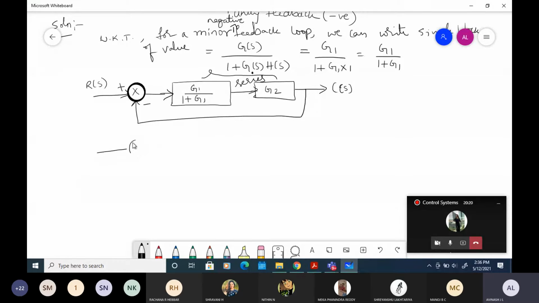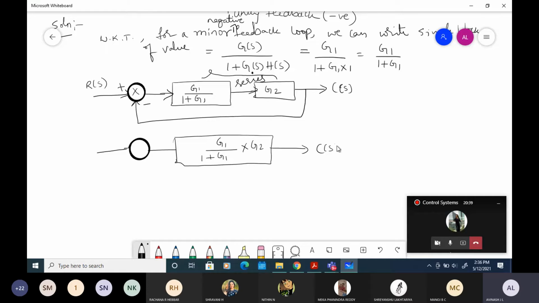So this particular summing element will be there. These two blocks are in series, take the multiplication of these two. So it will be what? G1 divided by 1 plus G1 into G2.